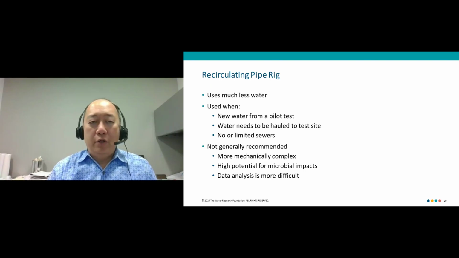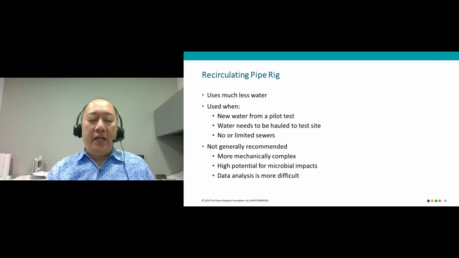There are a lot of downfalls with this type of rig. It's much more mechanically complex because you are recirculating the water, there's a higher potential for microbial impacts because of that recirculation, and because the water's used over and over again, data analysis does become more difficult.